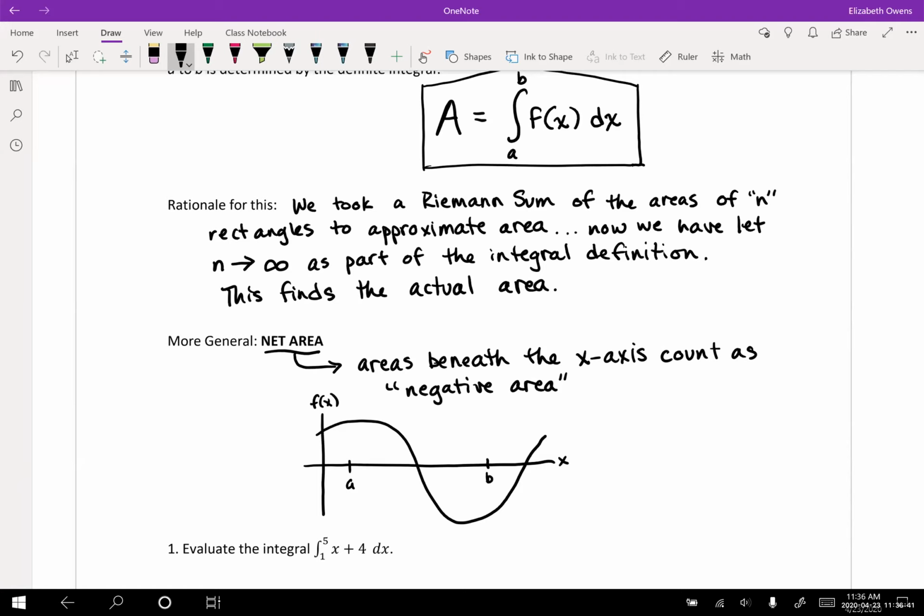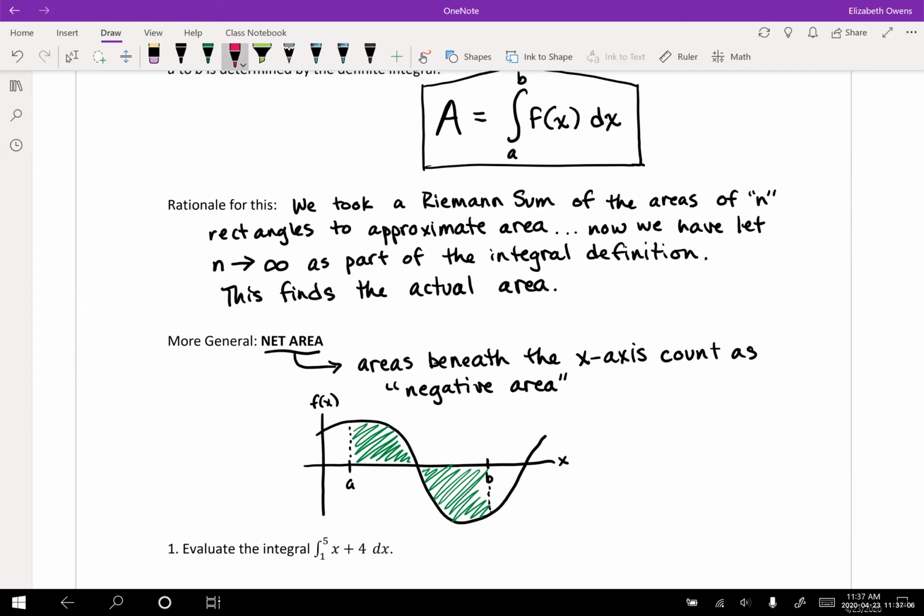The actual area we'd be looking at would be this between the curve and the x-axis, and then also this part down here between the curve and the x-axis.